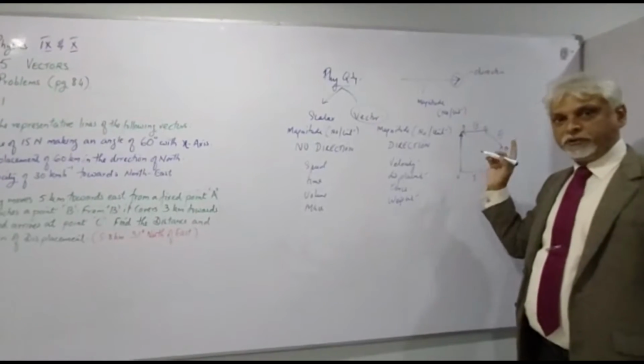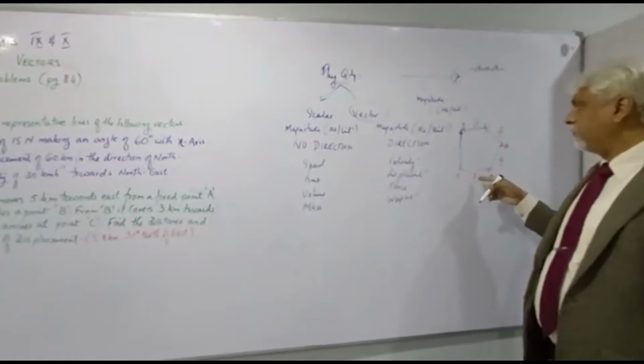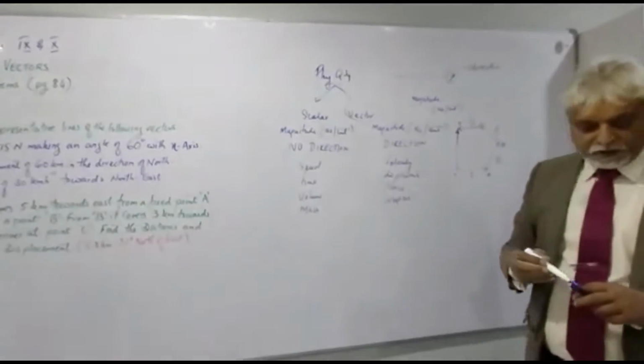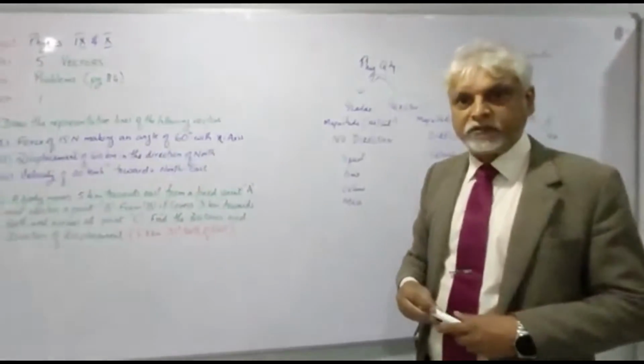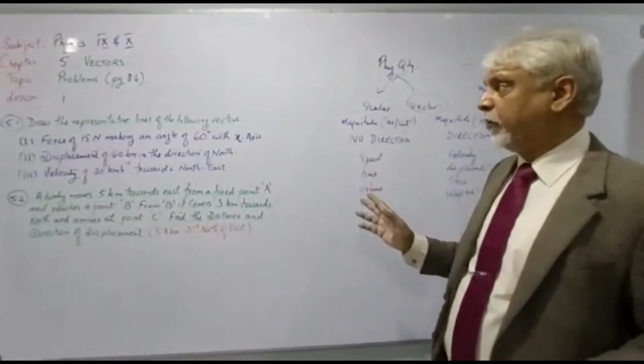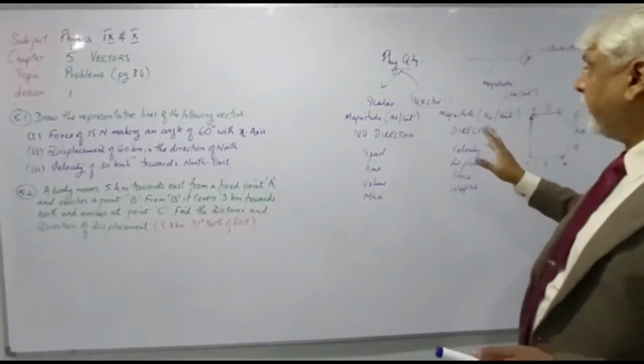This is very important to know. So this is how we add vectors. Later on, when we do subtraction and multiplication of vectors, we will come across that. But at the moment you need to know how a vector is represented.